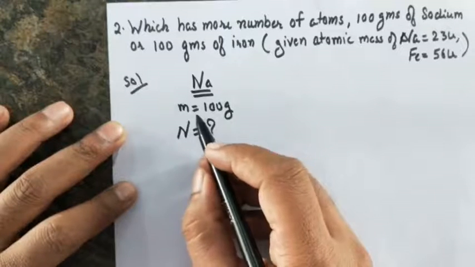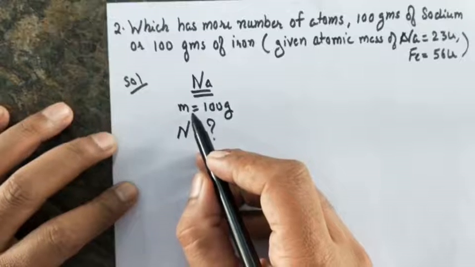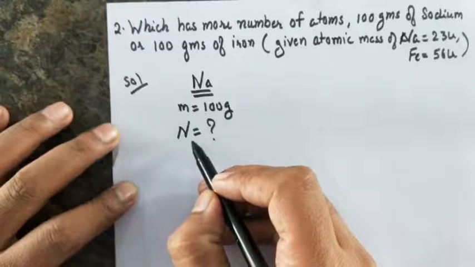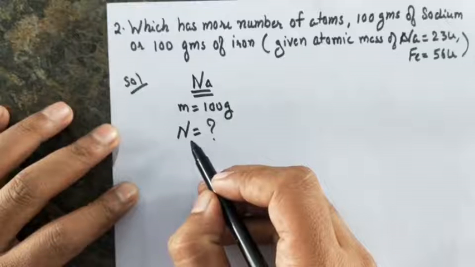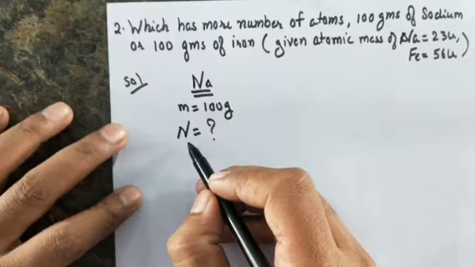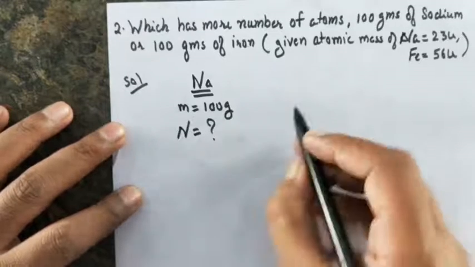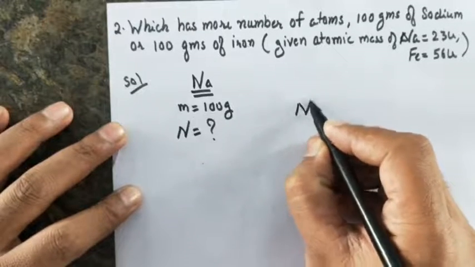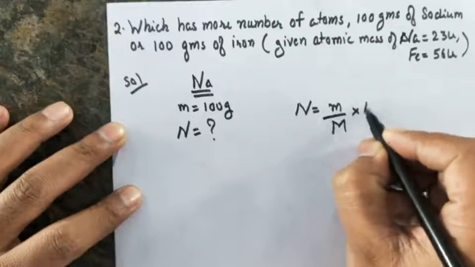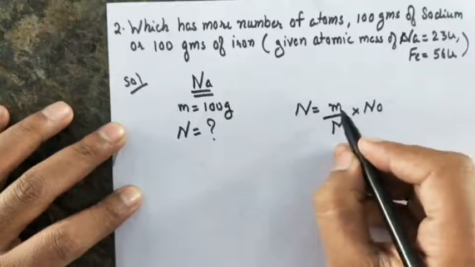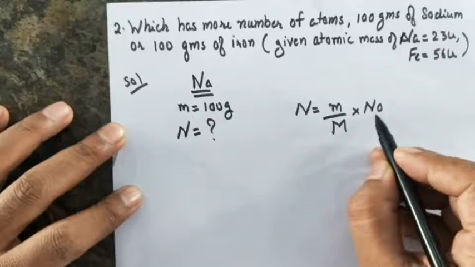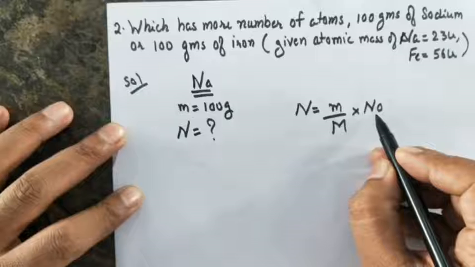So in this case we are provided with mass and we have to find number of atoms. That means this will be the final relation that we have studied, relation between mass of a substance and particles of a substance. And according to that relation, we know that capital N is equal to small m upon capital M into N naught, where small m is the given mass, capital M is the molar mass, and N naught is the Avogadro's number.